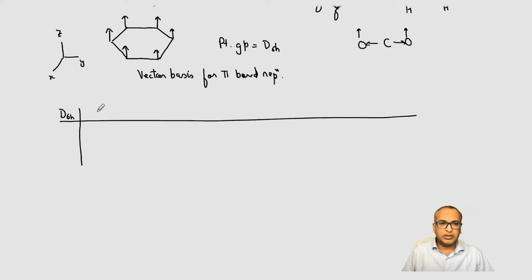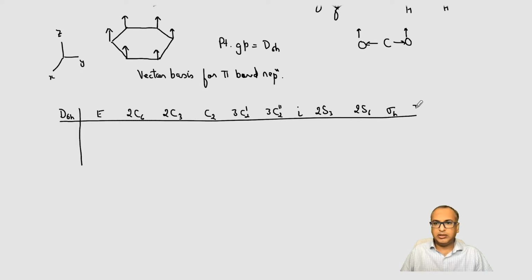Okay, so this is my D6h point group, and these are my symmetry operations under this: 2C6, 2C3, C2, 3C2', 3C2'', 2S3, 2S6, sigma h, 3 sigma d, and 3 sigma v. We must know the location of each and every symmetry operation by now, so I'm not going to tell you which is where now.